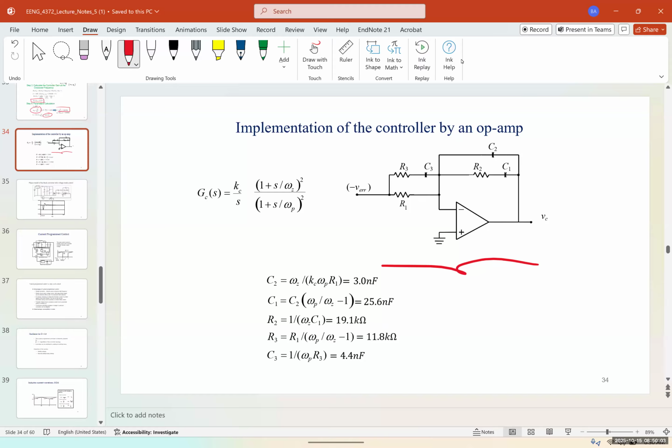C2 for this particular case is going to be omega z over Kc omega p R1, which gives us 3 nanofarads. C1 is going to be C2 times omega p over omega z minus 1, gives us 25.6 nanofarads. R2 is 1 over omega z C1, which is 19.1 kilo ohms. R3 is R1 over omega p over omega z minus 1, gives us 11.8 kilo ohms. And C3 is 1 over omega p R3, which is 4.4 nanofarads.